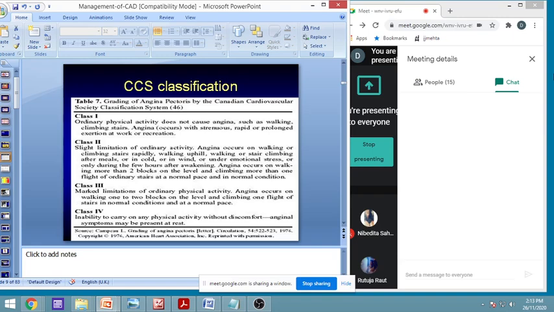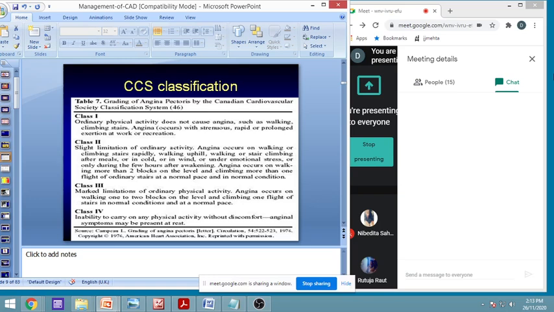Class 2 is slight limitation of ordinary activity. Angina occurs on walking or climbing stairs rapidly, walking uphill, climbing stairs after meals, or in cold, in wind, under emotional stress. Class 3 is marked limitation of ordinary physical activity.